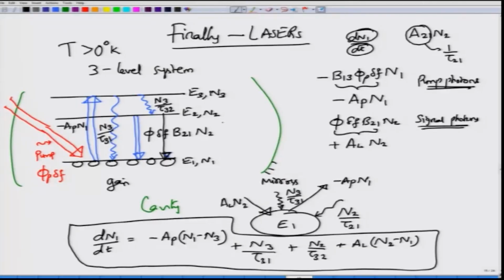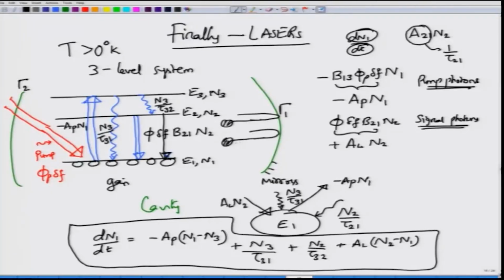Of course, what will happen is that these photons, which are now stimulated emission, would start to travel and hit the mirror. Assume that the mirrors have reflection coefficient of say gamma 1 on one side and gamma 2 on the other side.